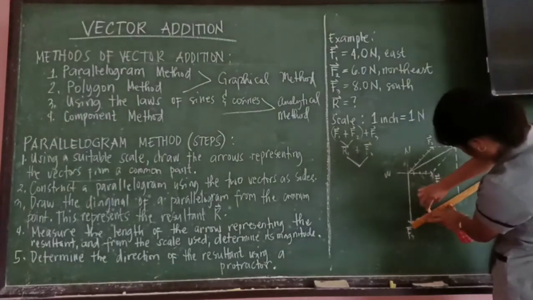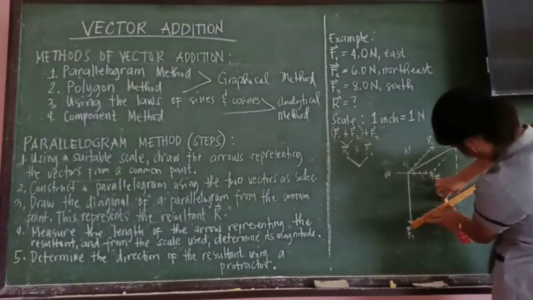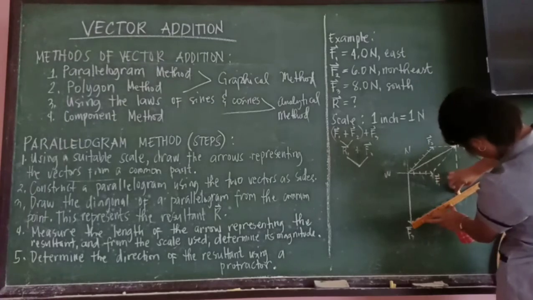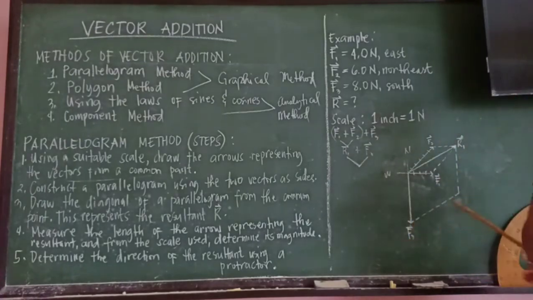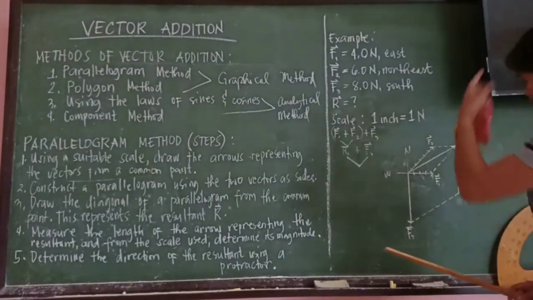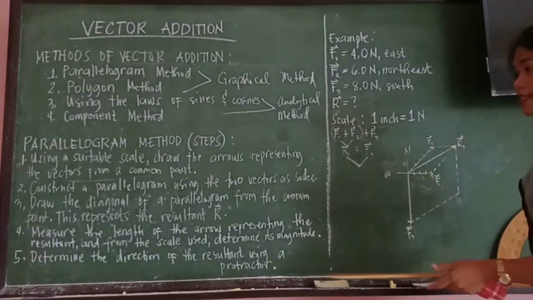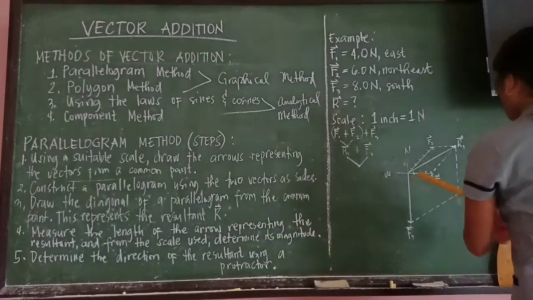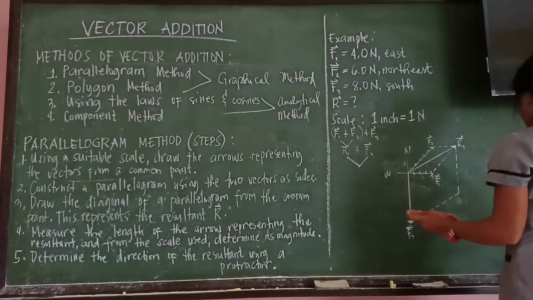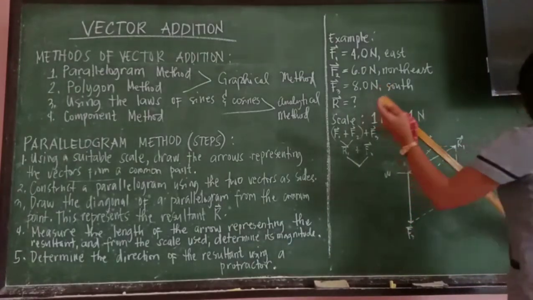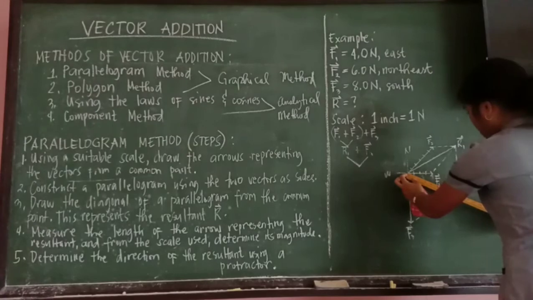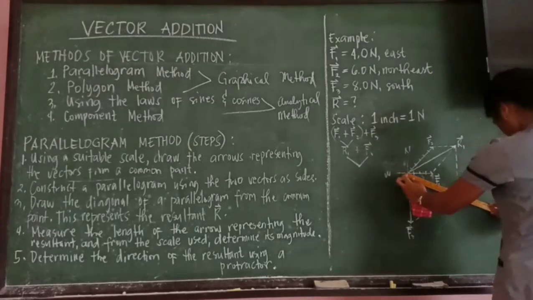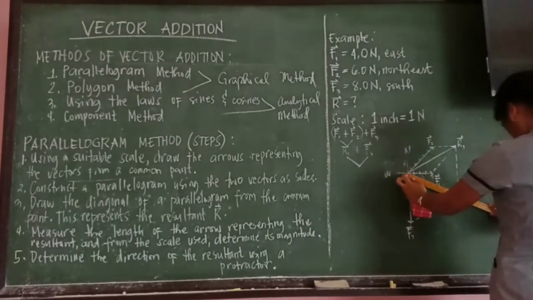Okay, this is the opposite and identical line of our r sub 1. The next is drawing again the diagonal from the common point. The common point again is in the origin. And then measure.